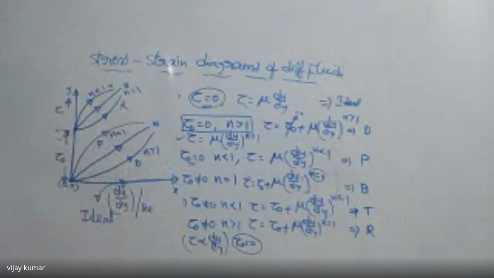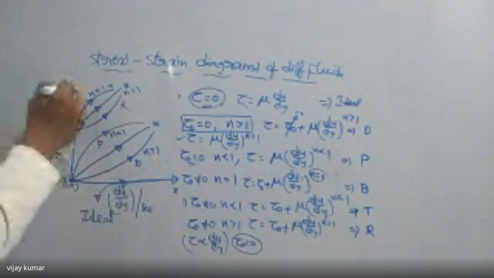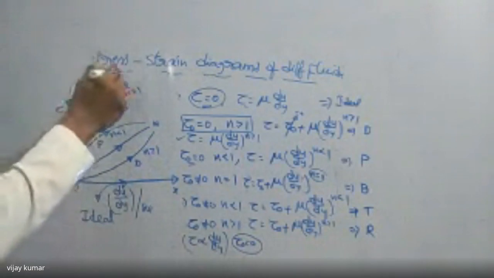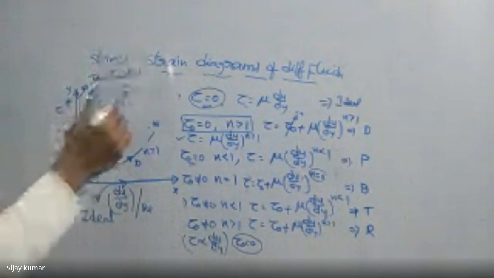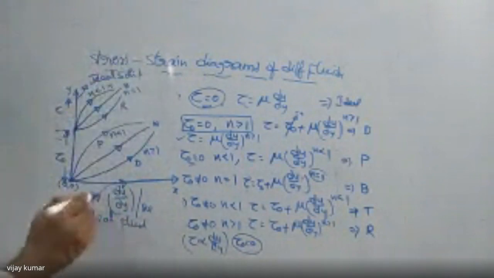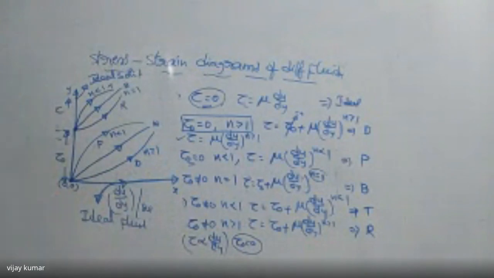That means ideal solid. Vertical line always belongs to ideal solid. Horizontal line belongs to ideal fluid. So this is the stress strain diagram for different types of fluids. I hope you understood very well.